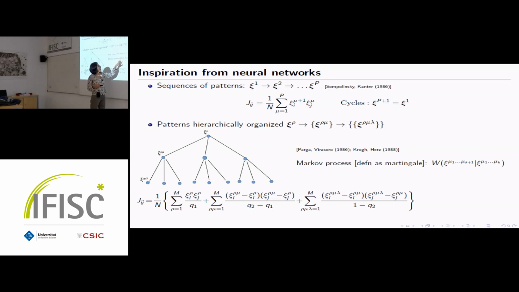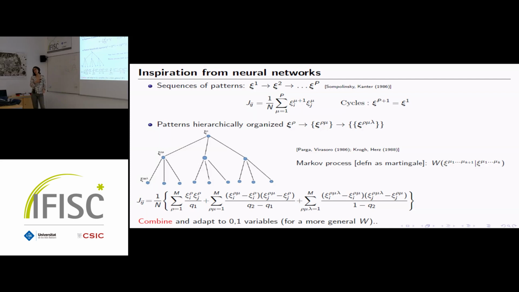In those days, this Markov process was taken as a martingale, but in principle, this is not necessary. And they showed that for that type of process, you could choose couplings between neurons in such a way to embed these patterns.